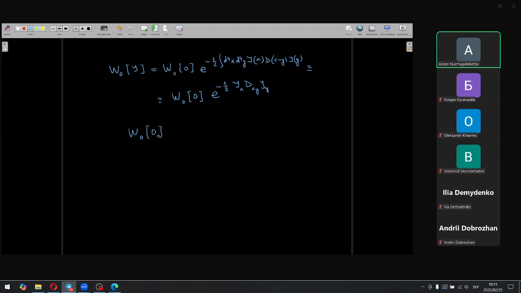Explicitly, this generating functional W0 at zero source is equal, in terms of our new fields phi prime, to the integral over all possible configurations of these fields phi prime of the exponent of i over 2 integral over four-dimensional space-time of phi prime multiplied by the Klein-Gordon operator, minus d square minus m square plus i epsilon, acting on phi prime.